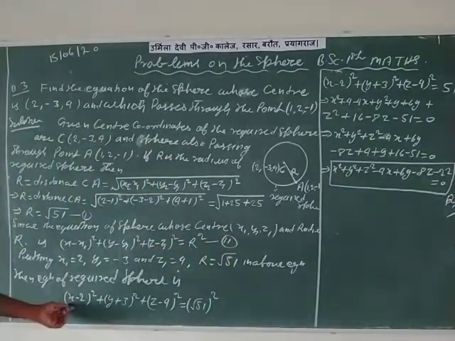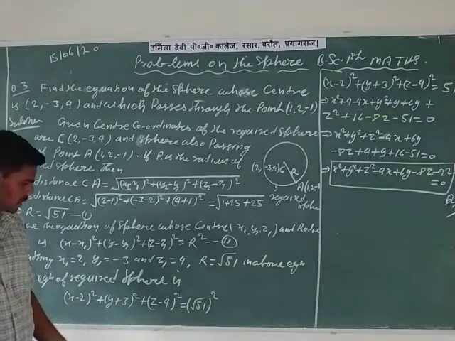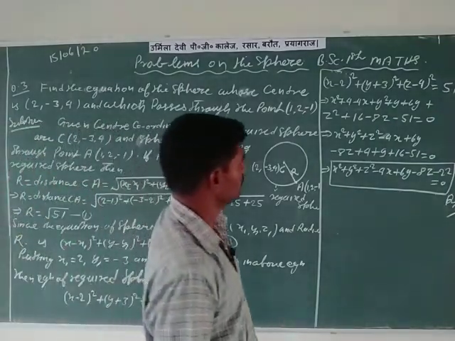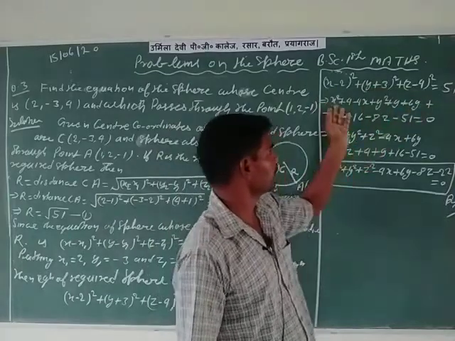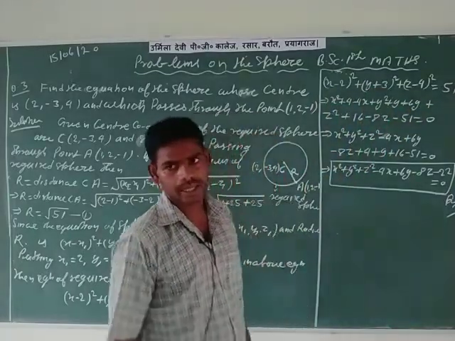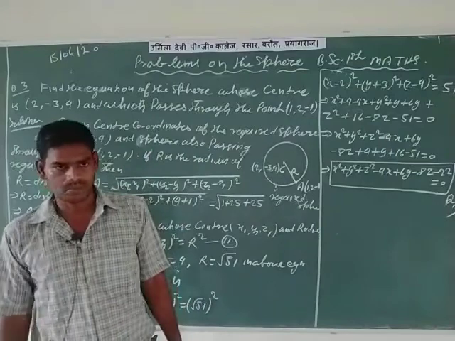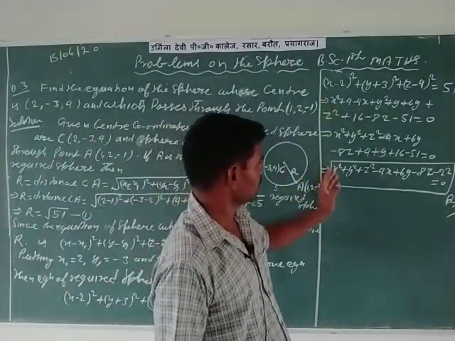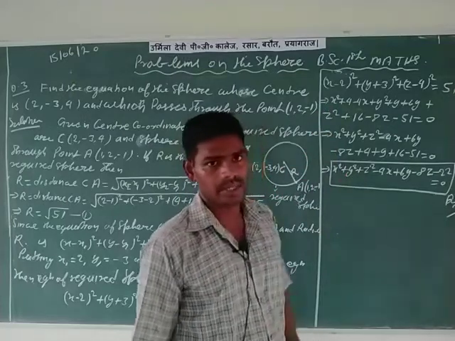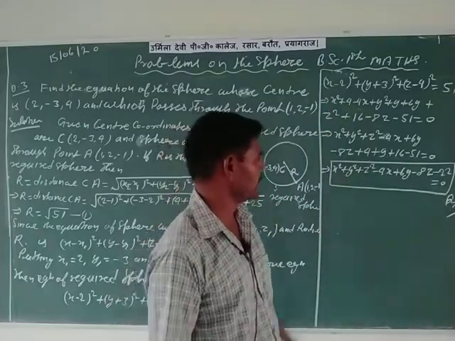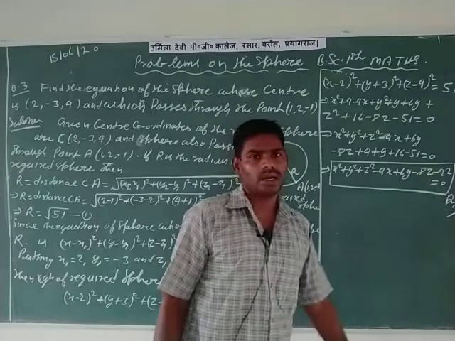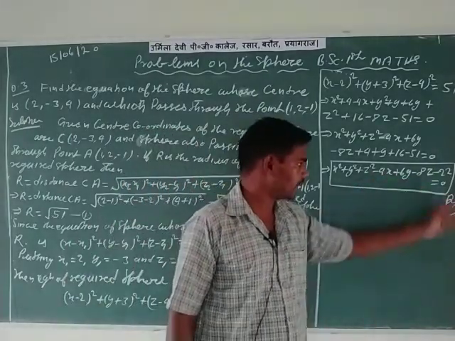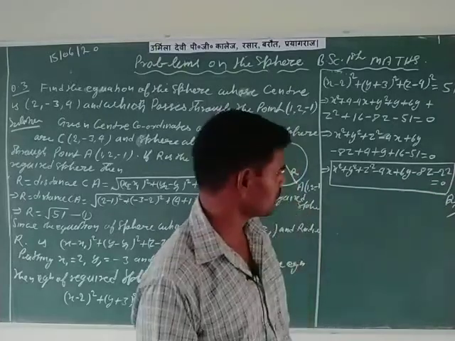Then x minus 2 whole square, y plus 3 whole square, z minus 4 whole square is equal to under root 51 whole square. After simplification, applying the a plus b whole square and a minus b whole square formulae, in the first bracket take all second power terms of the variables x, y, z, and in the second bracket take all first power terms of x, y, and z, and at last the numerical value minus 22.